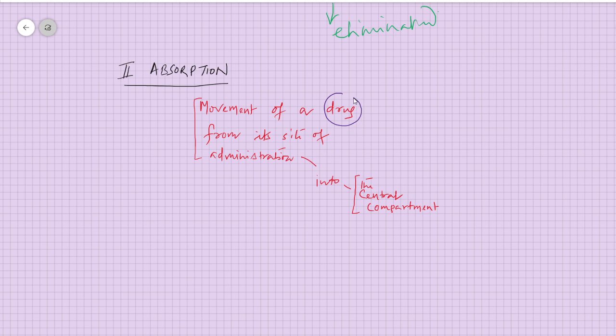Movement of a drug. Okay, so a drug is usually not administered in its native state. For example, aspirin is a drug. This is a very bitter powder, so it is not administered in this form to a patient, because the patient might not find it palatable.